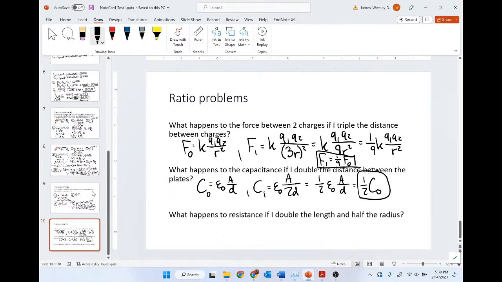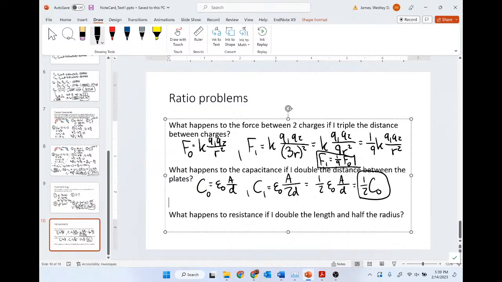All these ratio problems, the process is the same. The only trick to it is finding the equation and then putting the right multiple in front of the right number, and if it's squared, make certain you square that change, like we did in the first one. But the process is the same. And we're going to keep doing ratio problems like this, so they should hopefully get easier and easier as you get the strategy down.